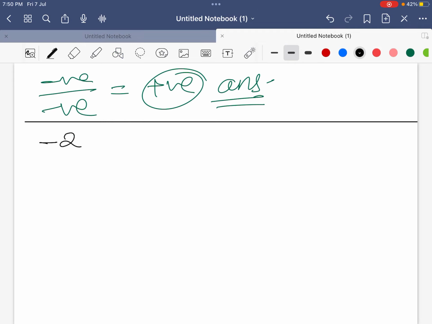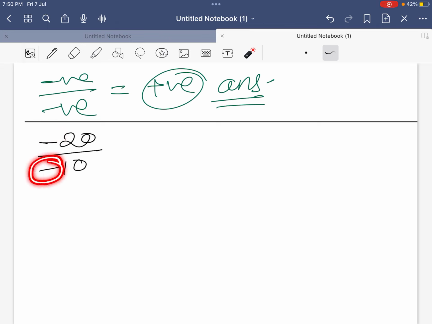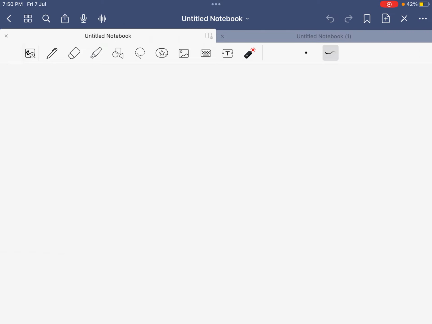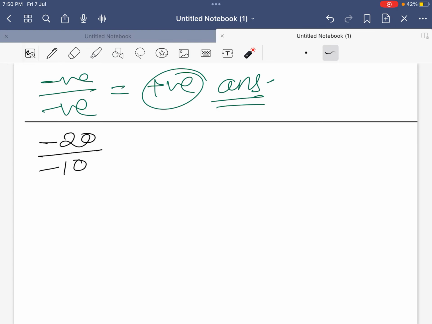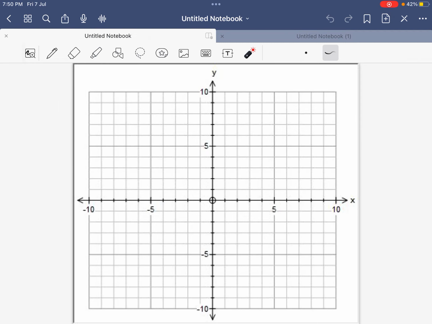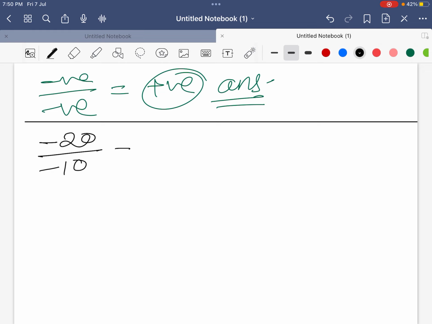Suppose minus 20 divided by minus 10. Now in this case the first term is negative, the second term is also negative. So what happens in this case? In the numerator and denominator, the common signs, minus divided by minus, obviously we know that they will cancel with each other, and we get 20 upon 10.